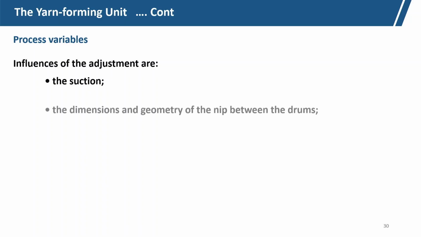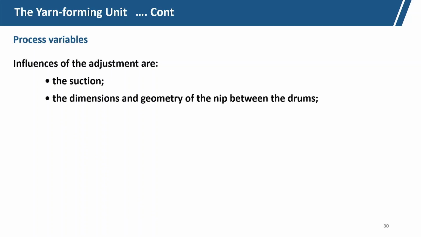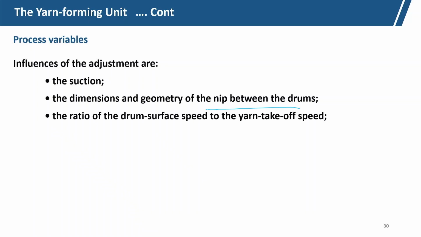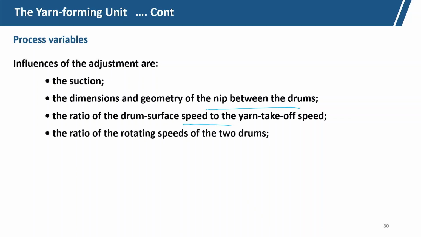So, these are the parameters, and the process variables are the amount or magnitude of the suction force, the dimensions and geometry of nips between the drums, and the rotation of the drum surface, that is, the speed of the drum surface.